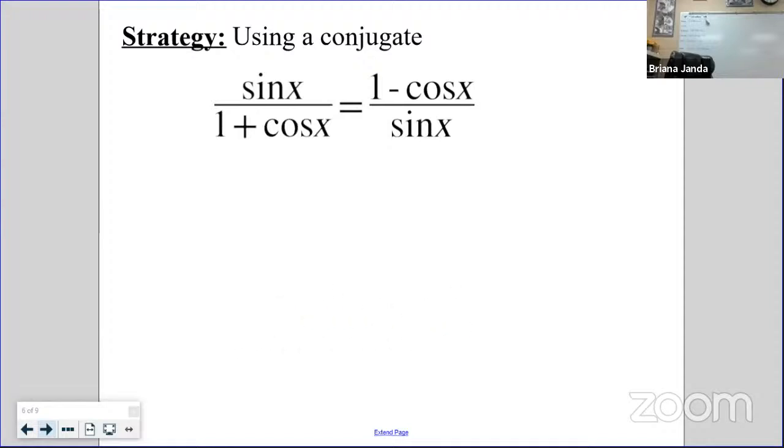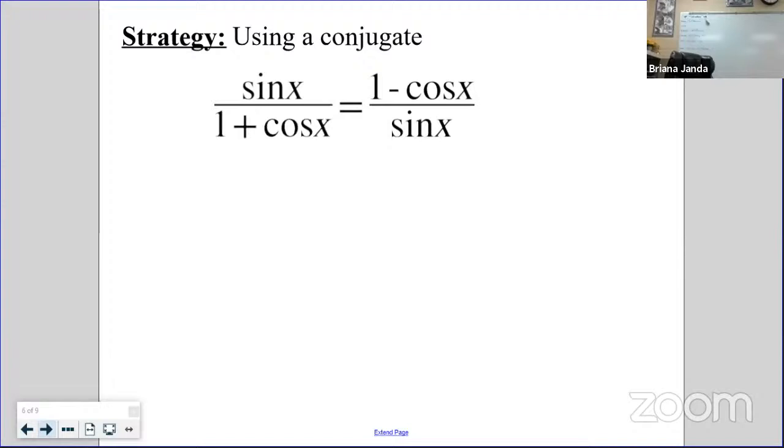We can use that conjugate idea on these problems, but it doesn't have to necessarily be your denominator. We can work with the left-hand side here. So here's how a conjugate can help us. If your denominator or numerator is 1, and I would say specifically use this with cosines. It really is not typically helpful with anything but sines and cosines, okay?